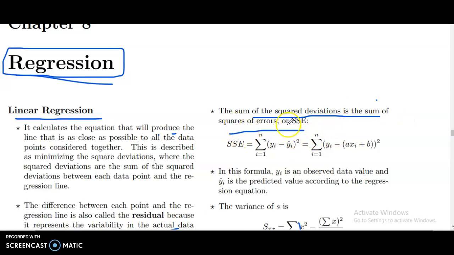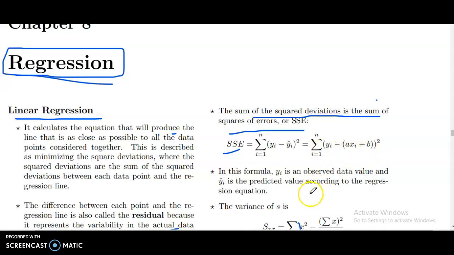SSE equals the summation from i equals 1 to n of (yi minus y cap) square, which equals the summation from i equals 1 to n of (yi minus (a xi plus b)) whole square.